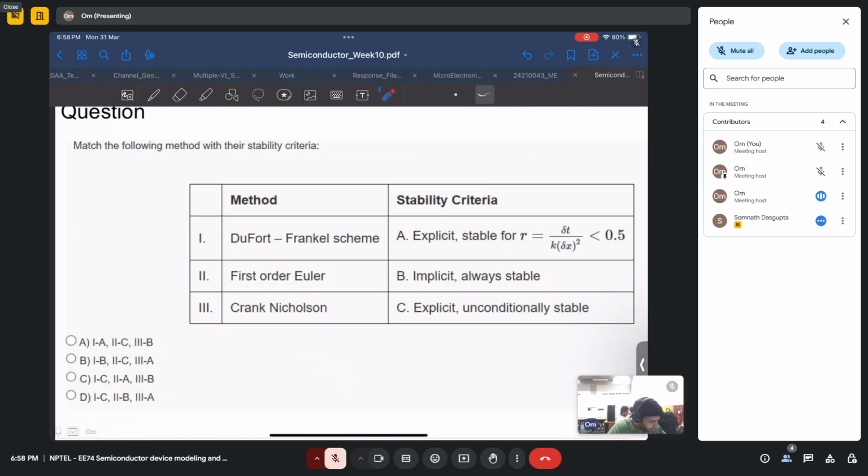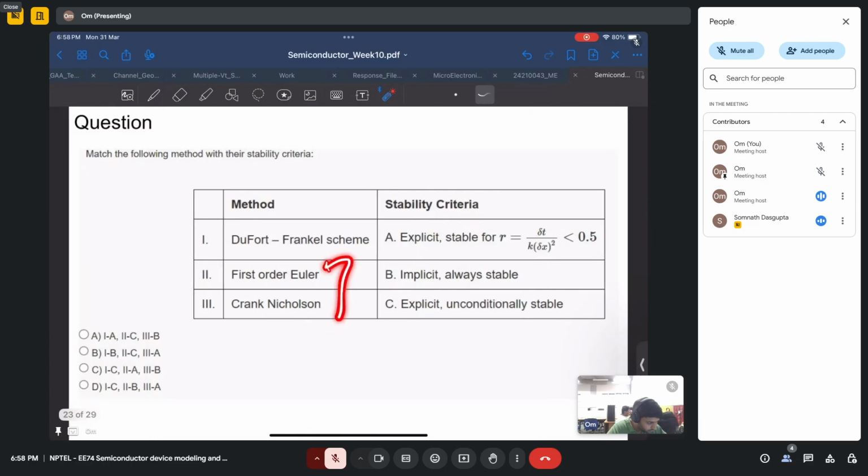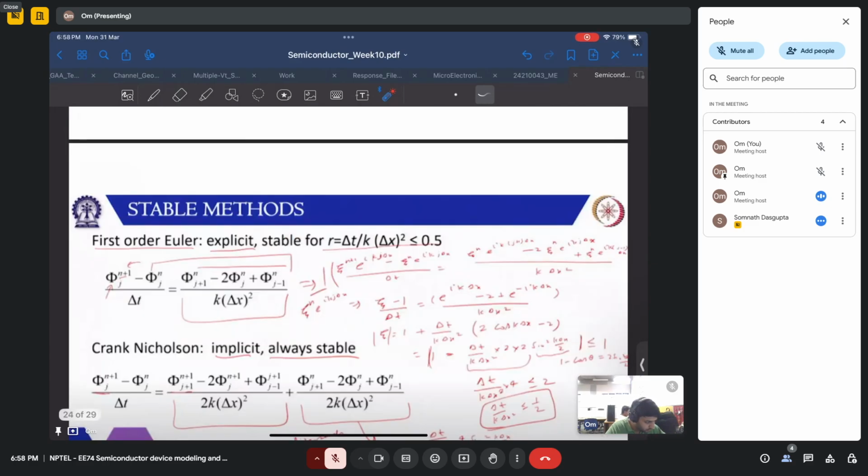Again, we have these stability questions. Before that, let me just talk about these two that we have not discussed yet. This one we have discussed is unconditionally stable. So what is Euler's method?